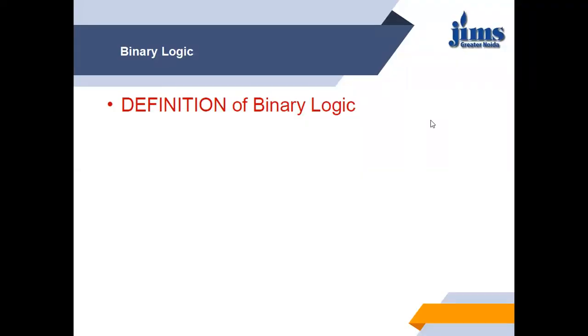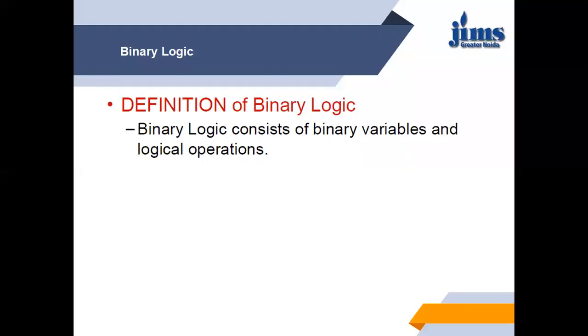When we define binary logic, it consists of binary variables and logical operations. In mathematics, there are mathematical variables and mathematical operations like addition, subtraction, division, multiplication, percentile. Lots of operations are there in mathematics: integration, differentiation.